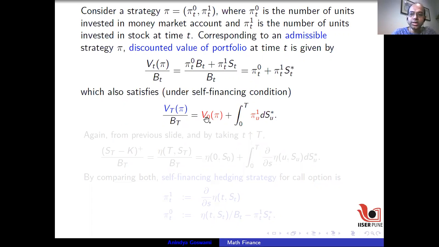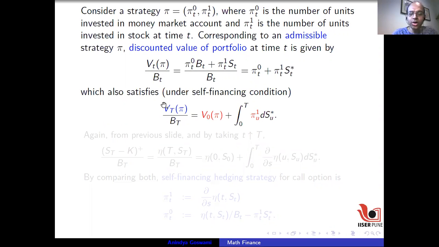V0 is the initial capital that the writer of the option gets by the premium, so that is the option price at time 0. V0 is not known. And π1 is the strategy to replicate the claim at the end, so π1 is the hedging strategy. So this is the pricing problem, and this is the hedging problem. These are unknown.